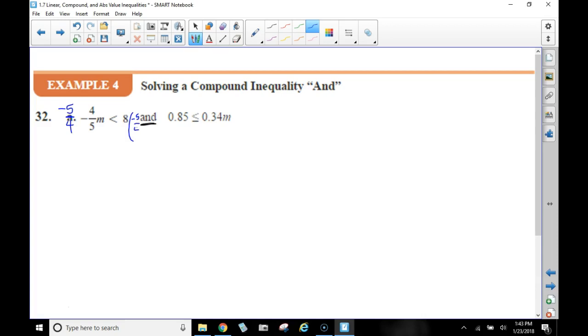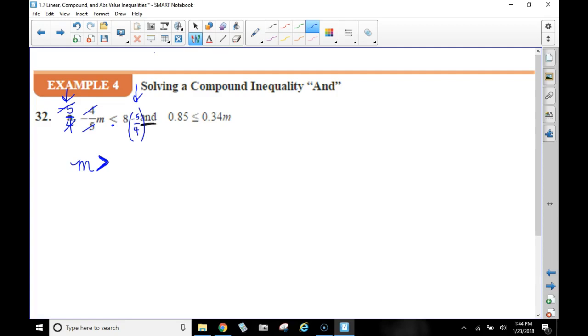Negative 5/4. Okay? Now, over on the left-hand side, everything reduces, leaving me with m. Now, what you did right here is you multiplied both sides by a negative. So that less than symbol in our problem here is now going to swap around and become a greater than, because I multiplied by a negative.